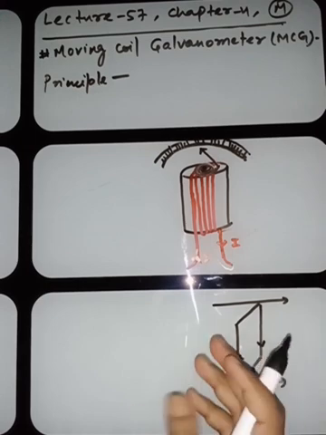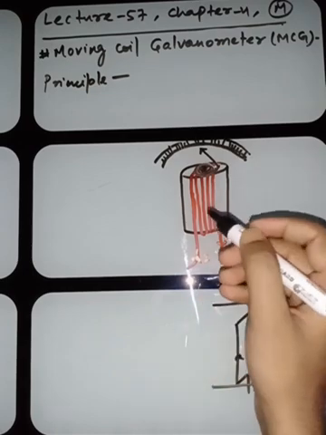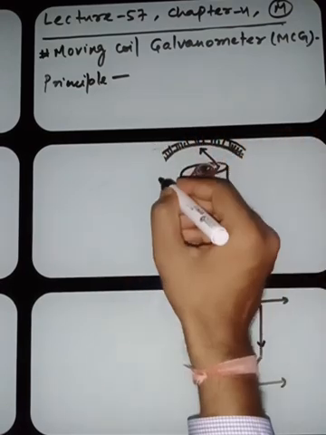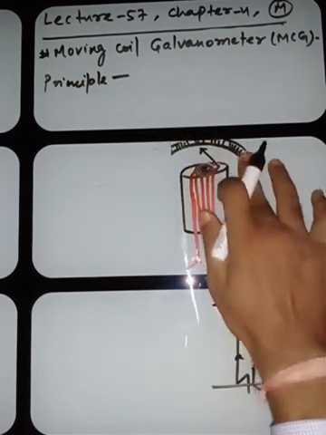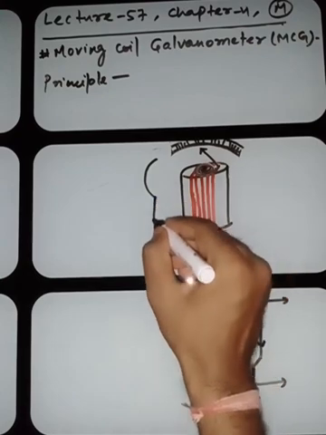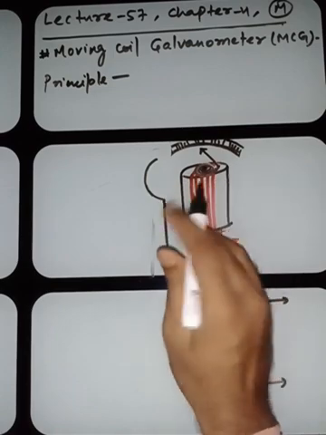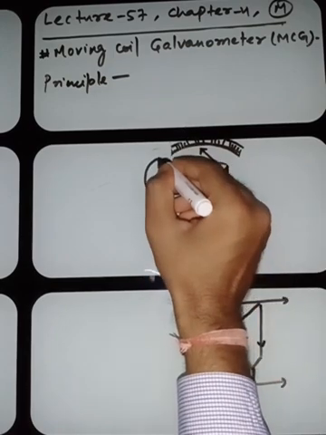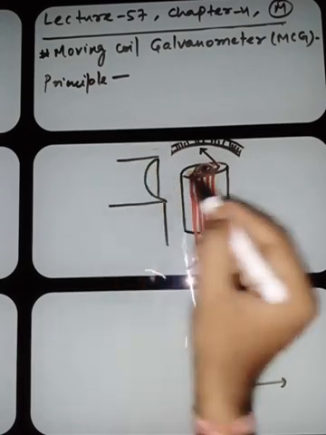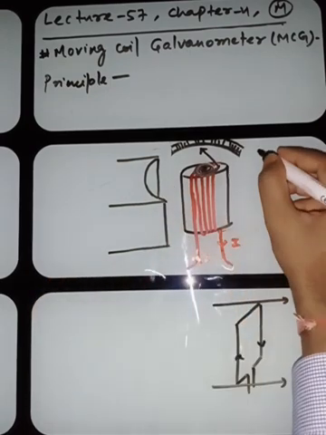This coil will start experiencing some torque. From where does it get the magnetic field? So this is the source of the magnetic field. You can see, my dear students. This is a magnet. An electromagnet can also be used for this purpose.